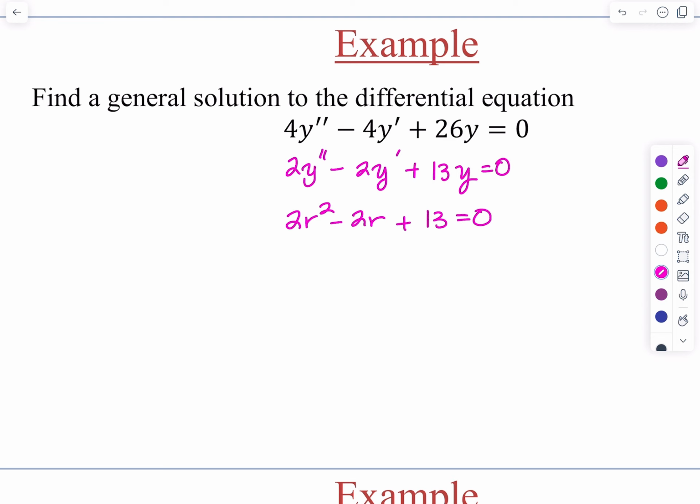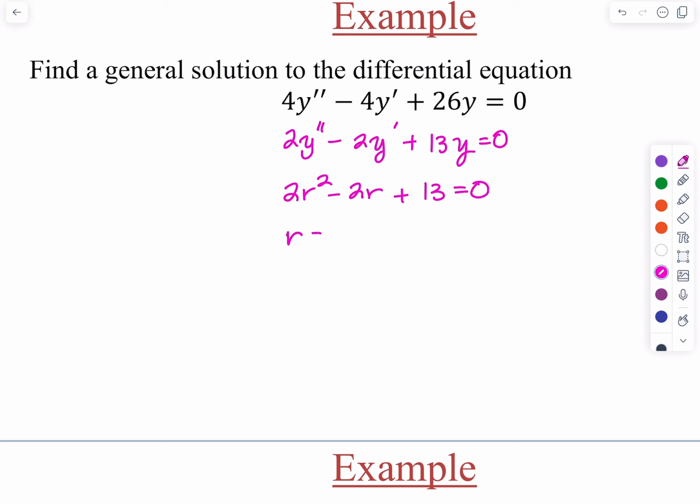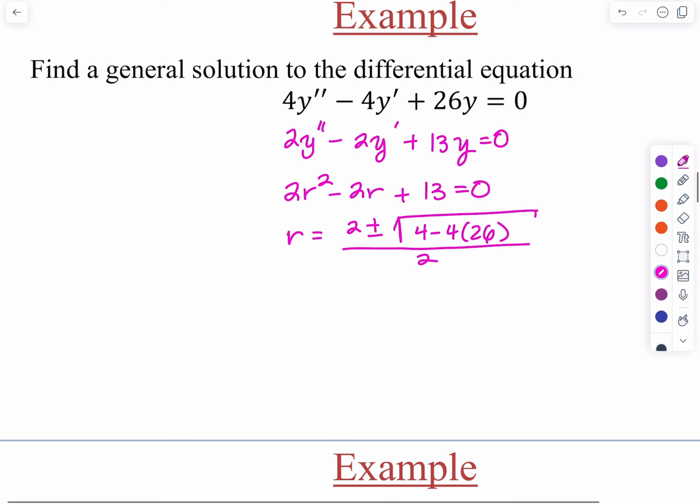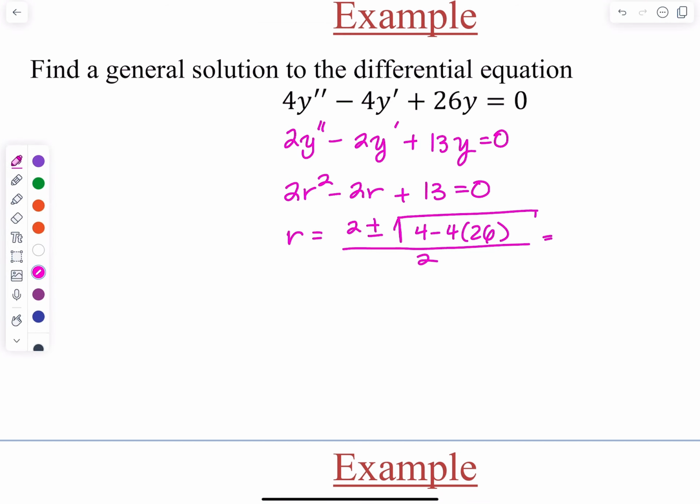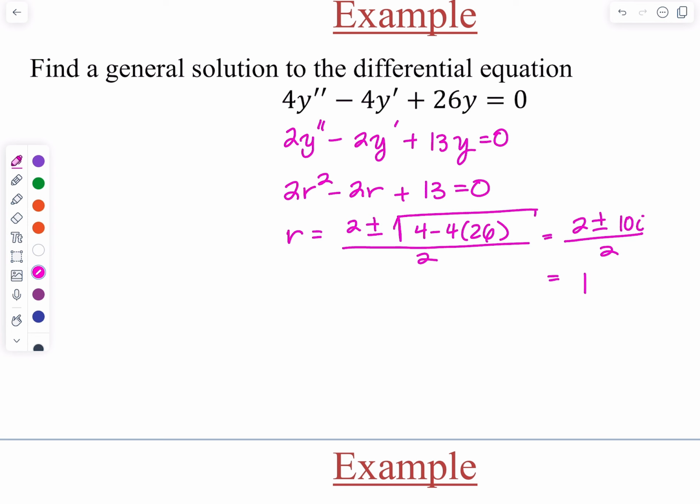And we have that r is equal to 2 plus or minus the square root of 4 minus 4 times 26 all over 2. And that will give us 2 plus or minus 10i over 2, and we get 1 plus or minus 5i.